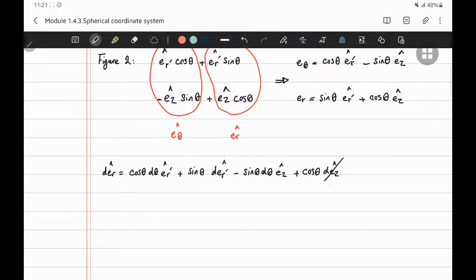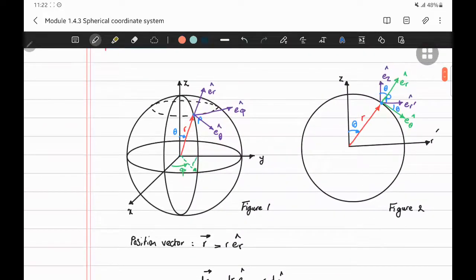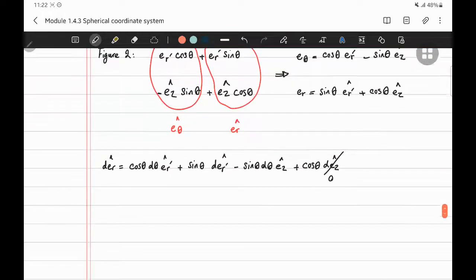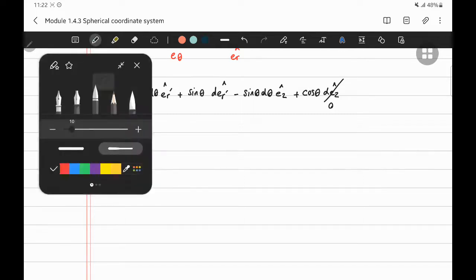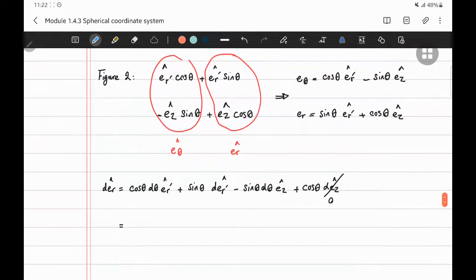And this term is basically 0 because we already discussed in the previous session that ez does not change. So basically what we get here is cosine theta d theta er prime minus sine theta d theta ez. So this is nothing but e theta from here.